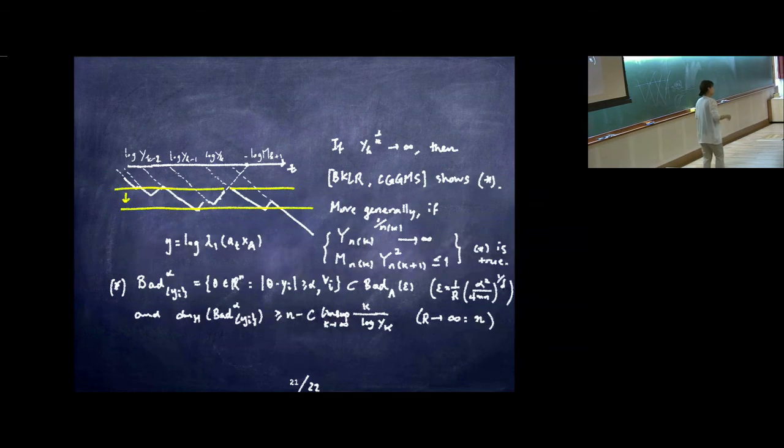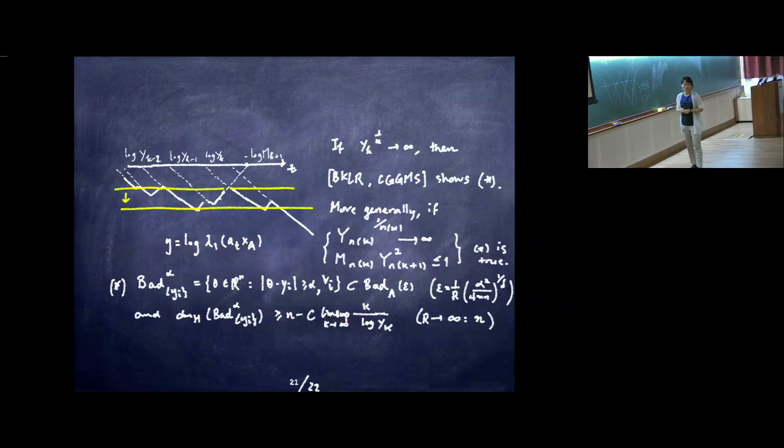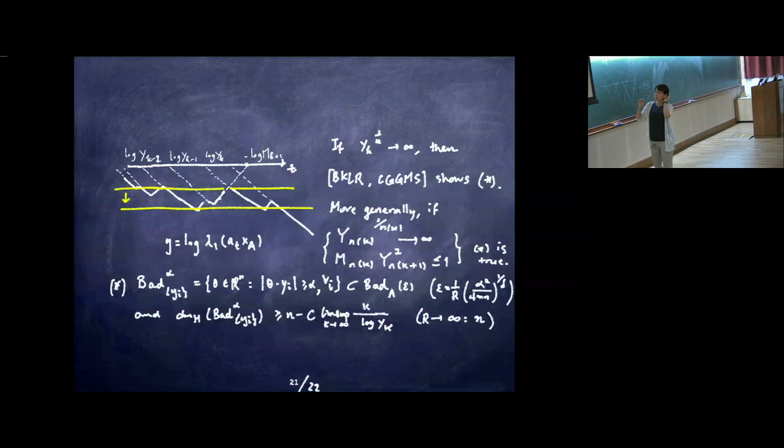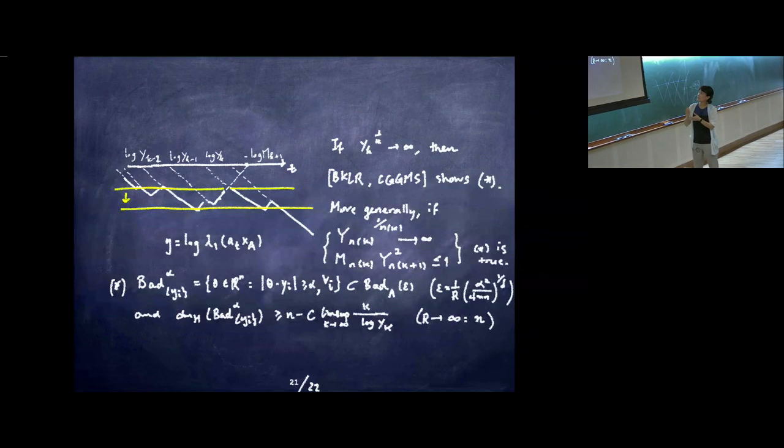And with my other grad student Taehyung Kim, another Kim, we could generalize a little bit. We don't need yk to the power 1 over k goes to infinity. We only need a subsequence for which it goes to infinity, but we still want another condition, that for that subsequence, m times y squared is less than 1. If you have no subsequence, then this is true trivially.